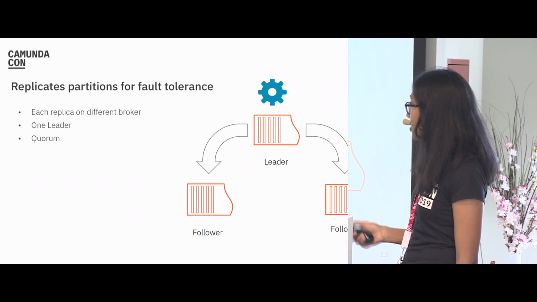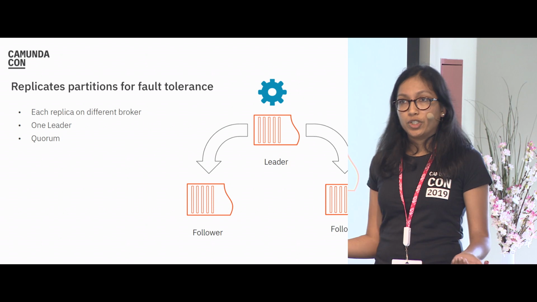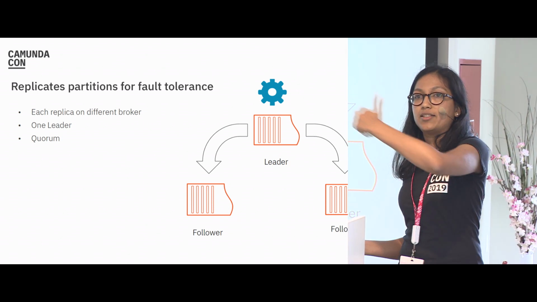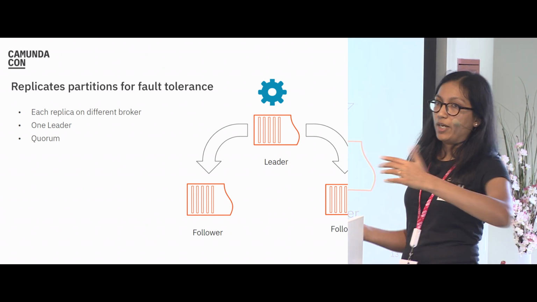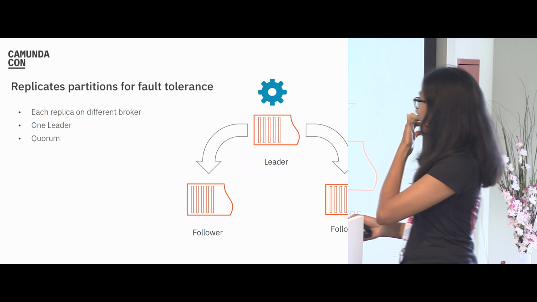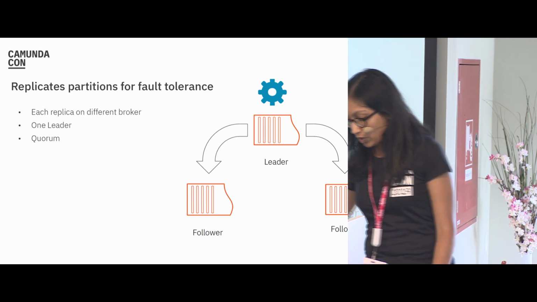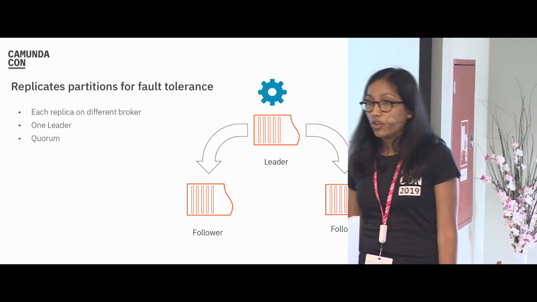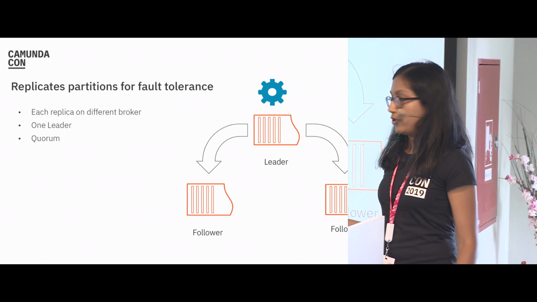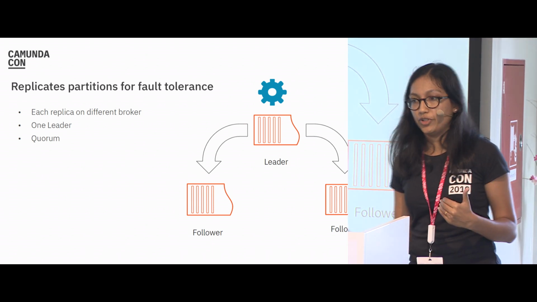Each partition can have more than one replica, and each replica is managed by a different broker. We use an algorithm called Raft, a well-known algorithm for this kind of replication and distributed consensus.